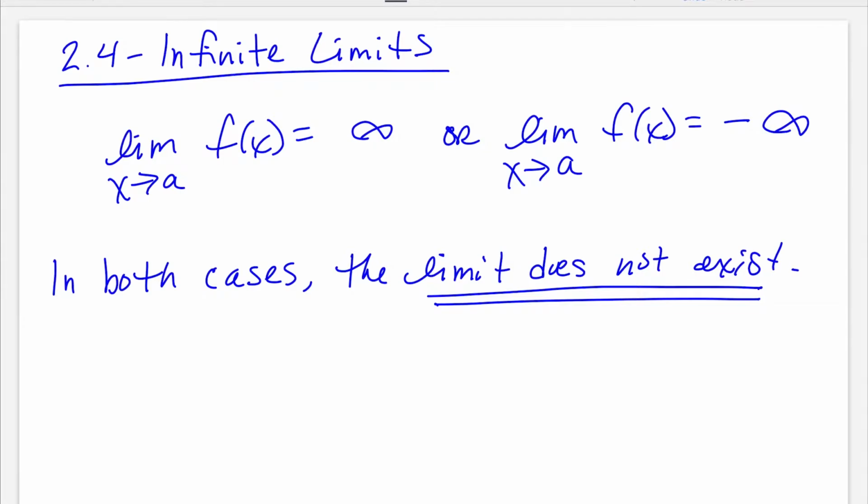Now, we still write the answer, infinity or negative infinity, but if you have an infinite limit, then technically the limit does not exist because L does not equal some specific numeric real number value. If it goes to infinity, then the limit doesn't exist because it goes on and on forever.